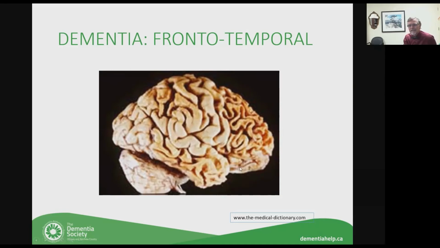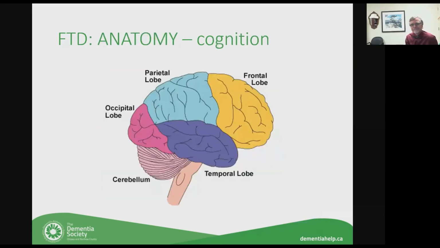So this would be advanced frontotemporal dementia, but just again to show you that it really is named by the location, the part of the brain that's affected. And that's, of course, how we diagnose it in early stages clinically. So again, what did we say about the frontal lobe? It's executive functioning.